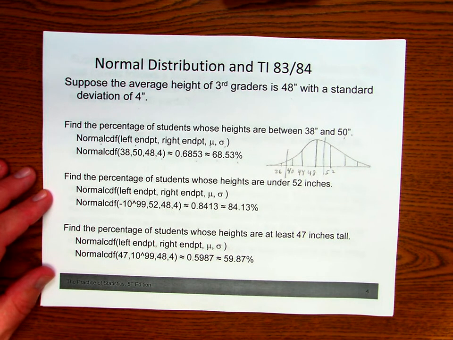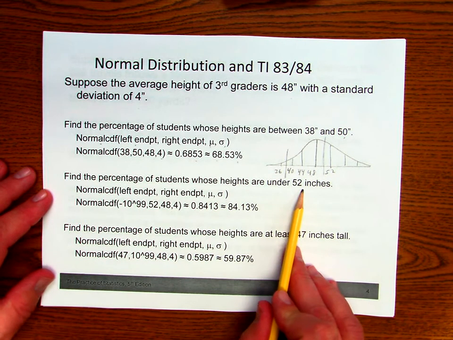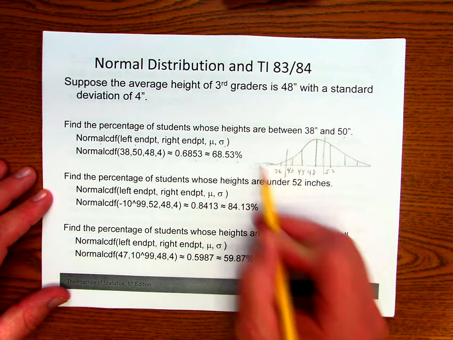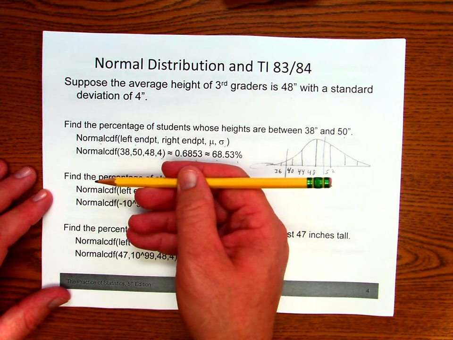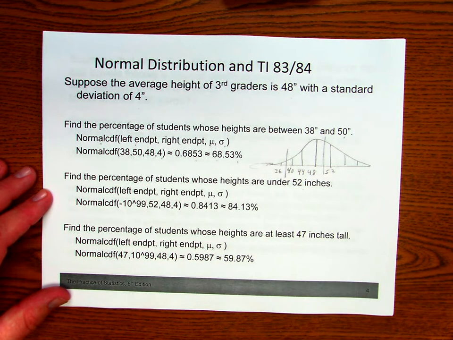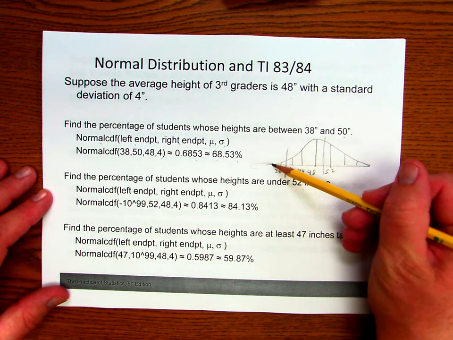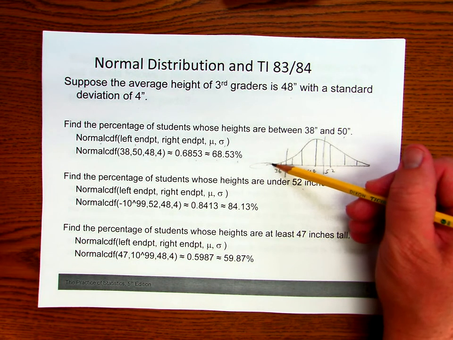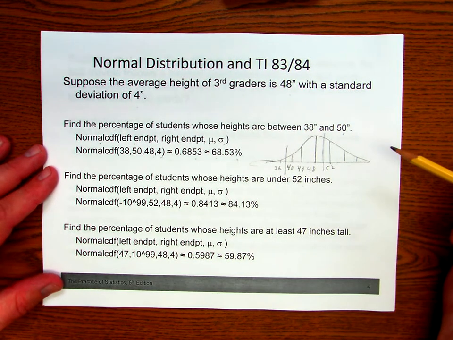All right, what if it's just a greater than, less than? For example, find a percentage of students whose heights are under 52 inches. Okay, in theory, there is no left bound to the curve. That curve goes on forever infinitely in the left direction, on forever infinitely in the right direction. The area under the curve becomes so small that it's rounding to zero, so for the purposes of answering a question, there's no area under the curve, but in terms of the strict mathematical sense, there is an area that exists.